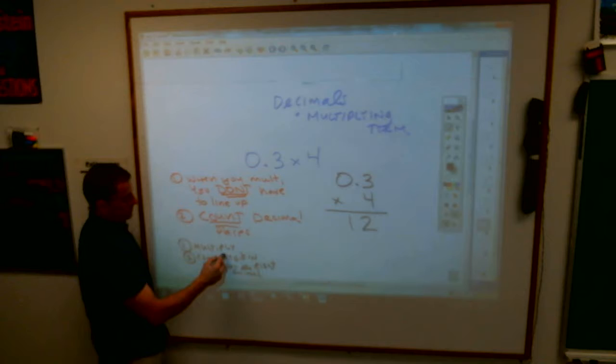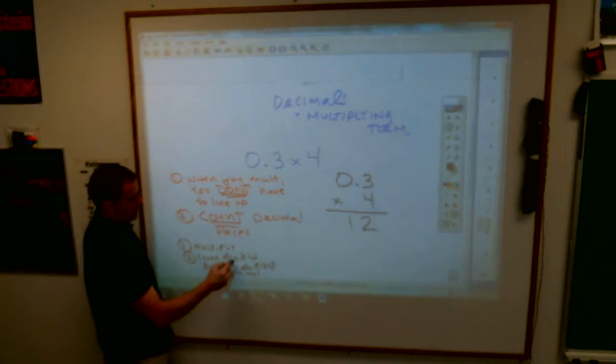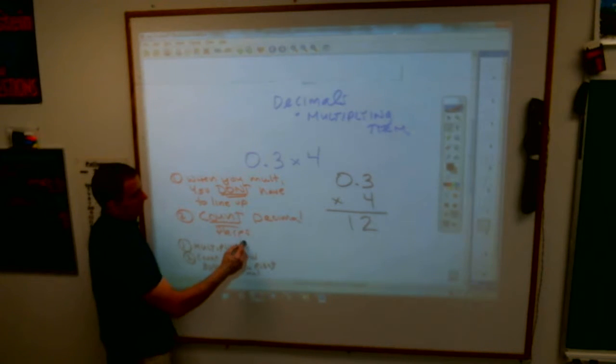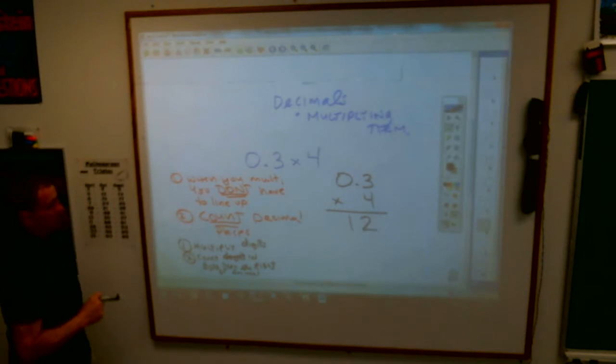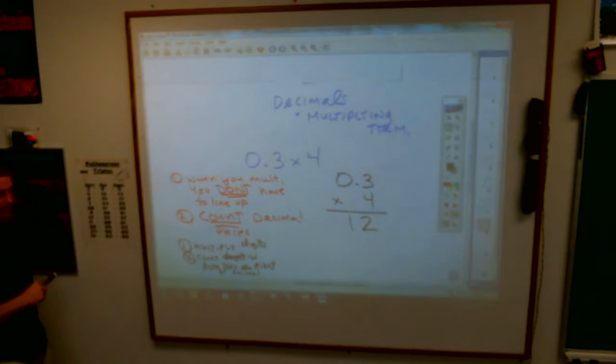This is supposed to say digits. I'll rewrite it here. Digits in both numbers that are right of the decimal. Let's write that down and then we'll talk about it.